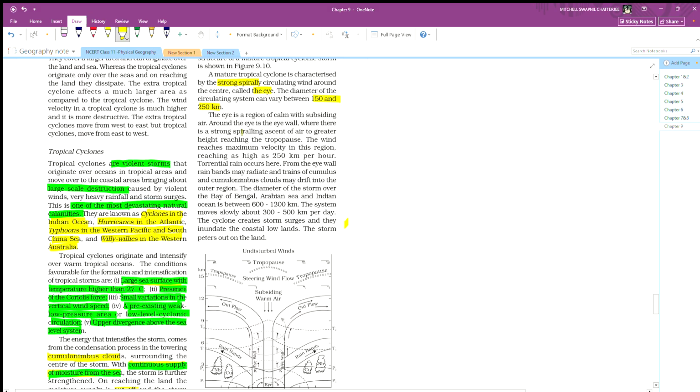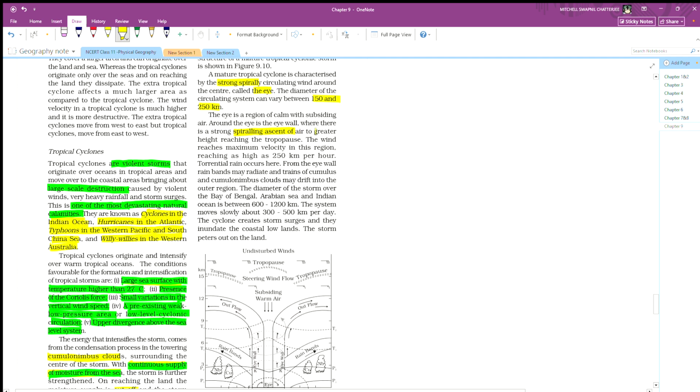a strong spiraling ascent of air. Ascent means going vertically upward, rising upward.